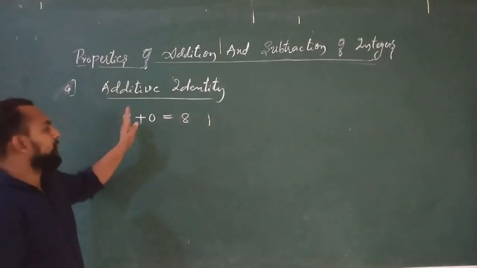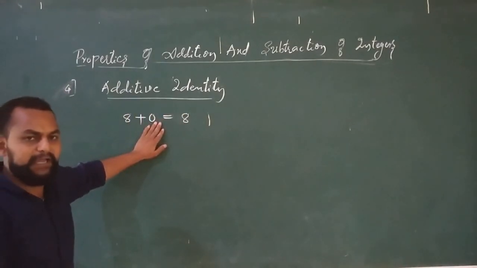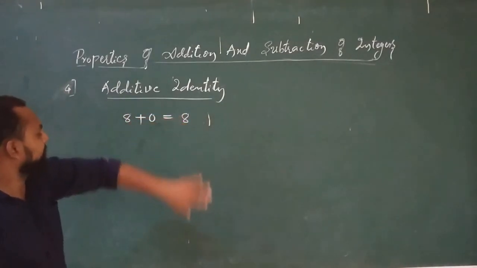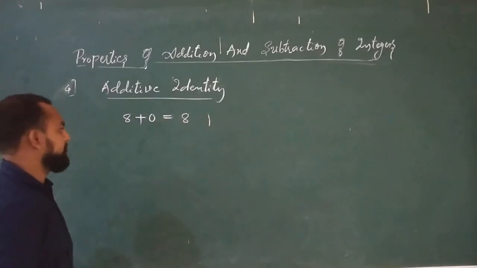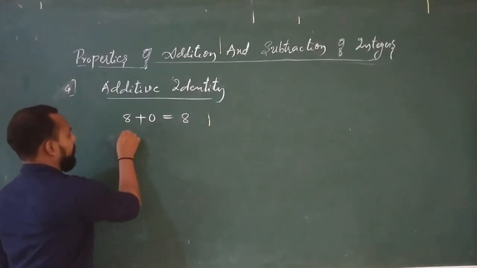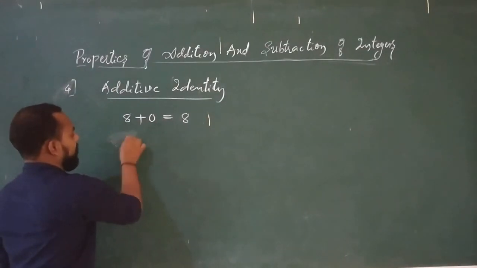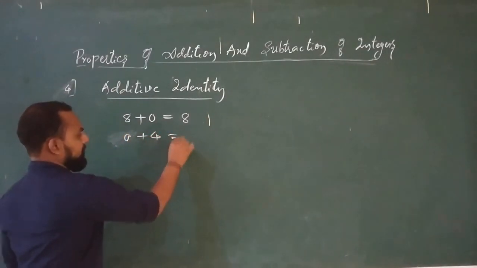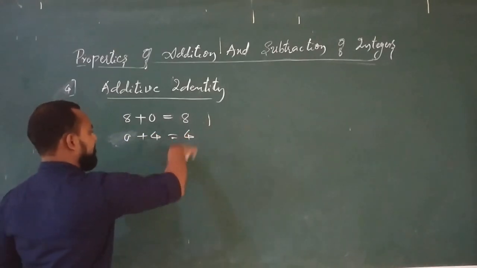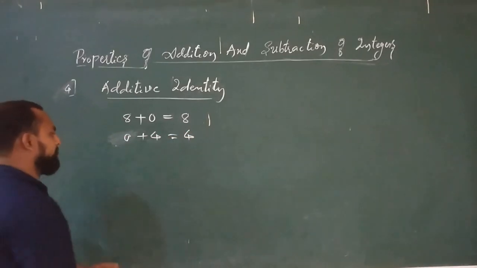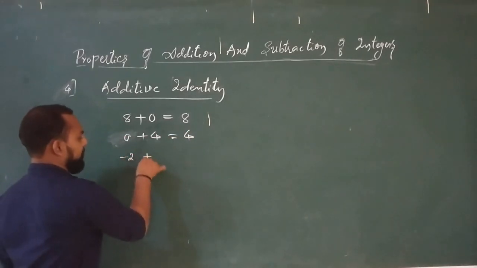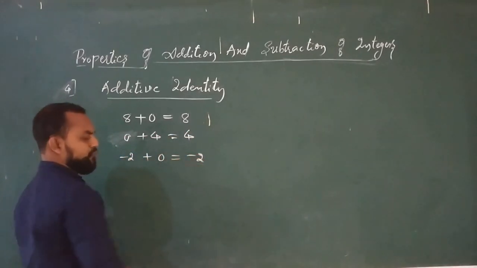When we add 0 to a whole number, then we get the same number again. Here 0 plus 4, again we get the same number. Here minus 2 plus of 0, again minus 2.